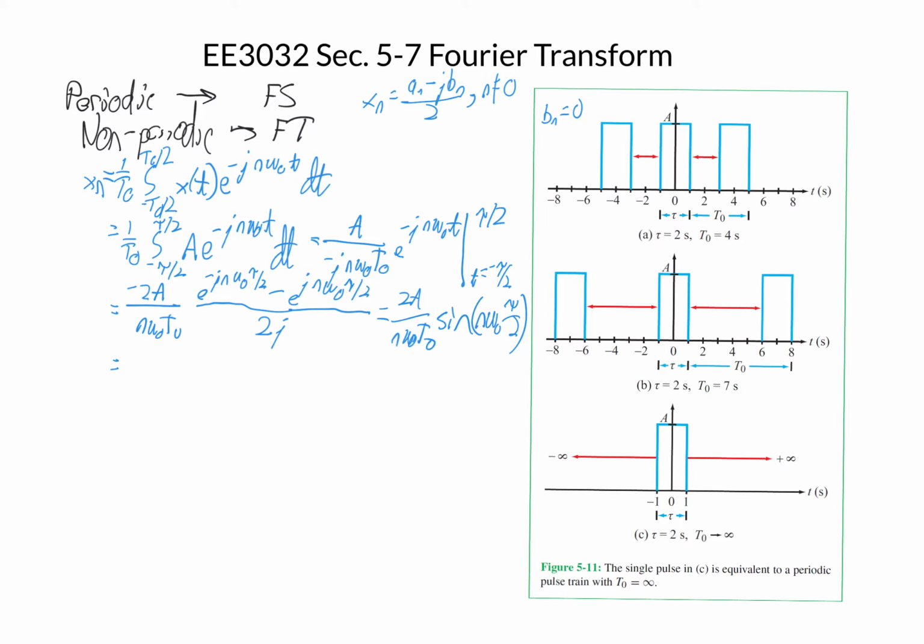Okay, let's go on and rewrite how we are showing this x of n a bit. So here we have our sine term, sine of n omega naught tau over 2. And to uncover some useful properties of this function, we're going to want to write it as sine over the argument. So the argument is n omega naught tau over 2.